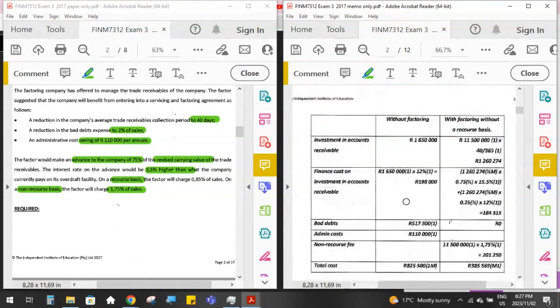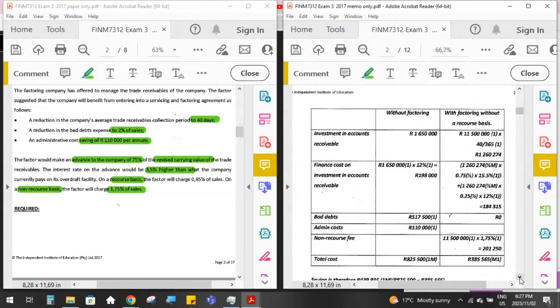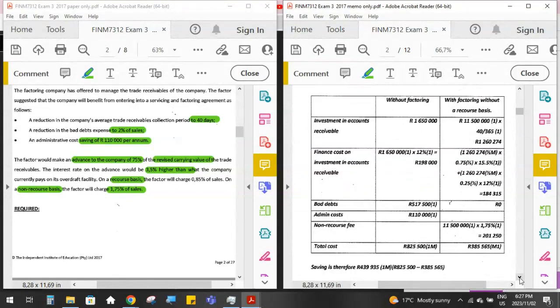In this memo, they had an alternative method, which some of you may prefer. Personally, my brain works on this particular method that we're looking at now. It's what I would do if I was doing it on my own. Let's say, if I worked for a company, this is how I would do it.